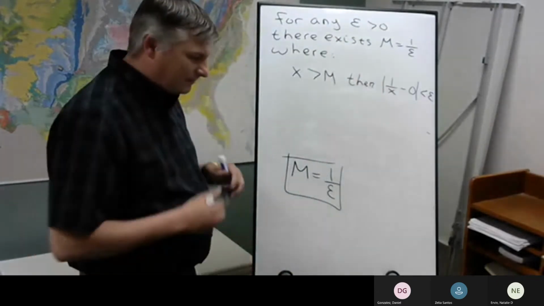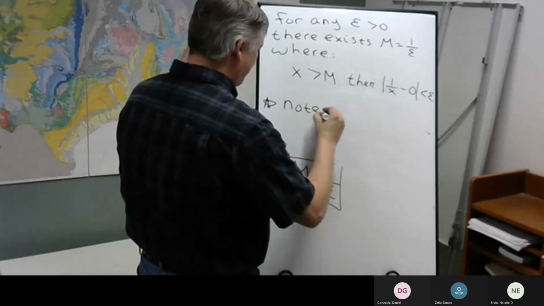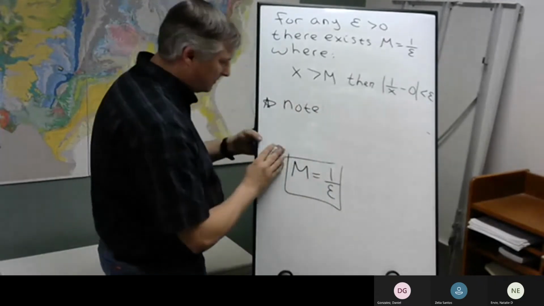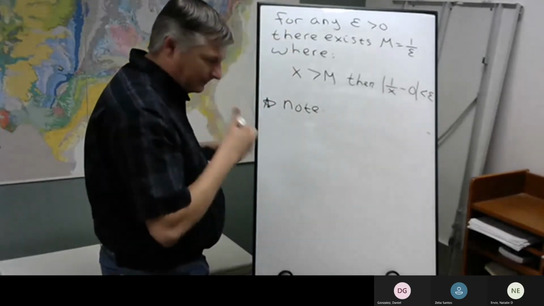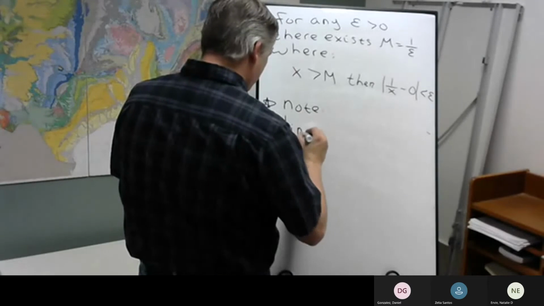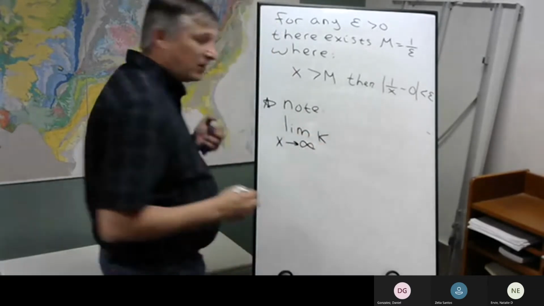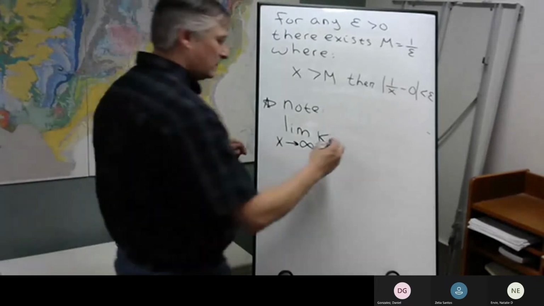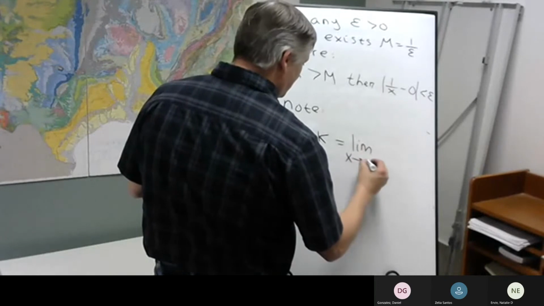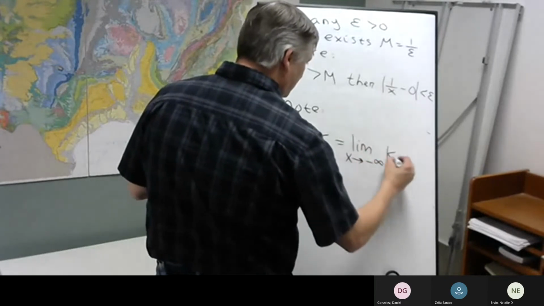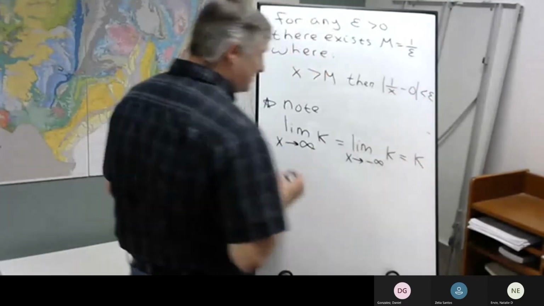So one more note to make. The limit as x goes to infinity of a constant k is equal to the limit as x goes to negative infinity of a constant k, and that's equal to k.